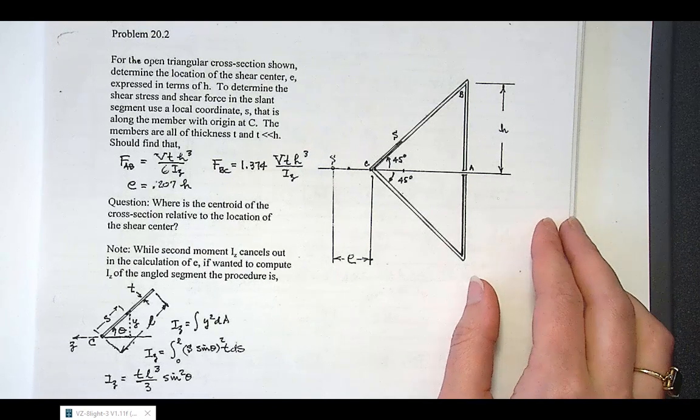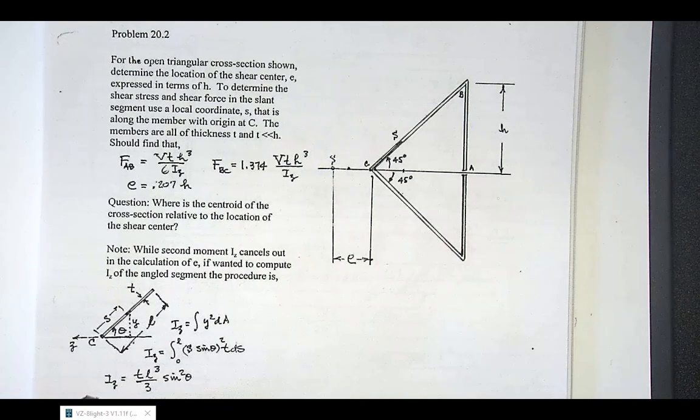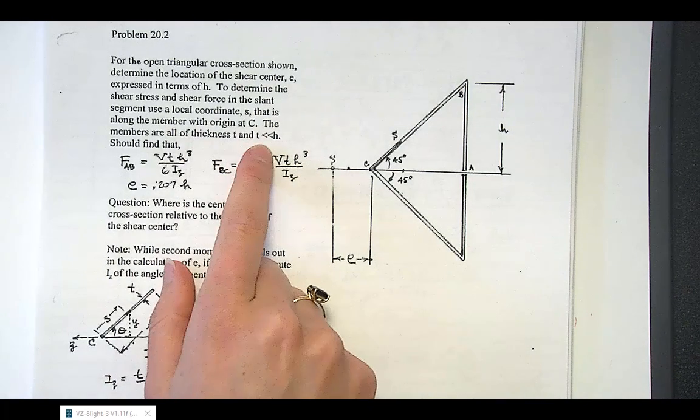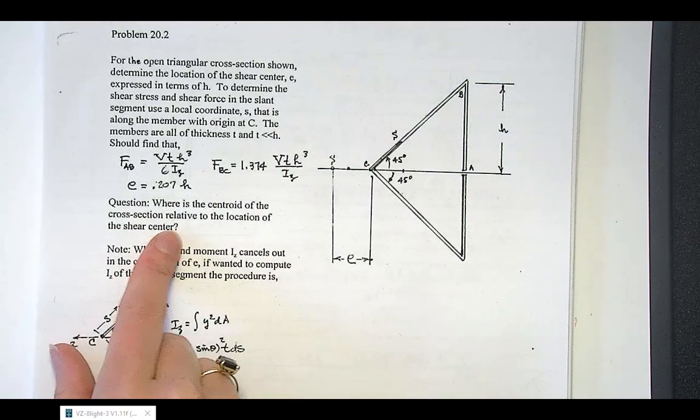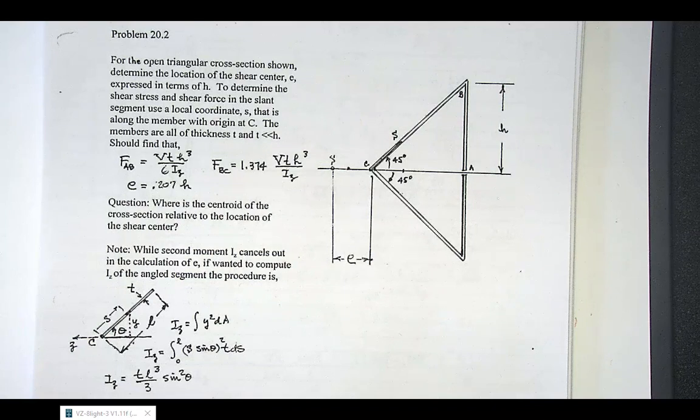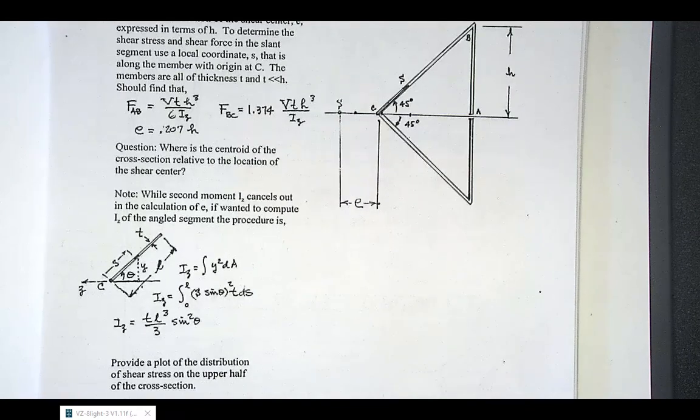And this one, you're going to find the location of the shear center in terms of H, and once again, you can assume T is much smaller than H. So what is the centroid of the cross-section relative to the location of the shear center?